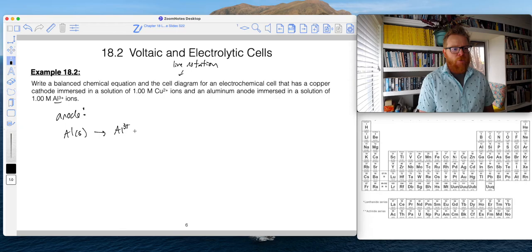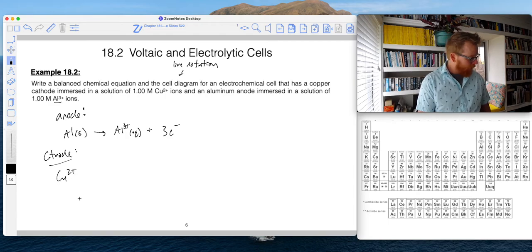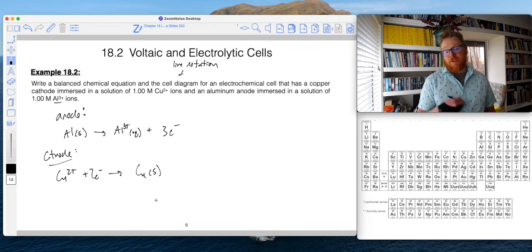So Al3+ aqueous. And there's 3 electrons. Okay. So now our cathode has the copper. And so that half starts with the copper 2+. And that's going to gain 2 electrons to make solid copper.